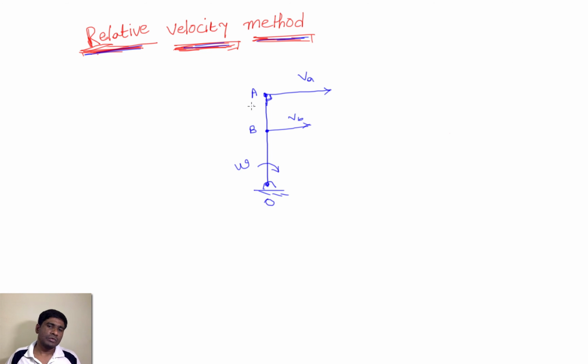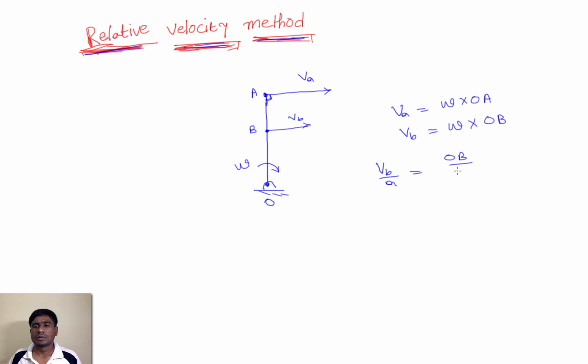And we have also derived that the value of VA equals, if the length of the link is known, omega into OA. And what is the velocity of B? That equals omega into OB. So if I write VB by VA equals OB by OA.